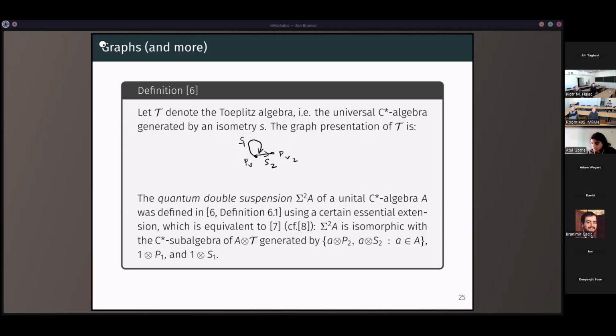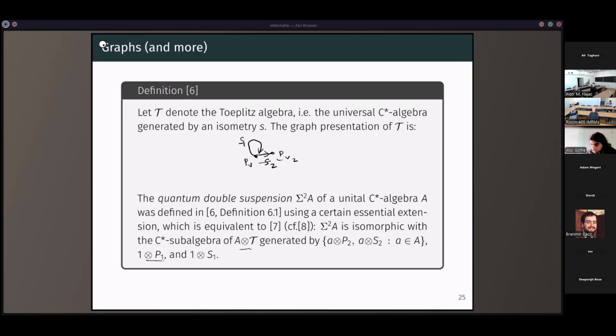So to define this quantum double suspension for any unital C-star algebra A, this is defined as a C-star subalgebra of A tensor T, which is generated by A tensor P2, this vertex, A tensor S2, this edge, and 1 tensor P1 and 1 tensor S1.